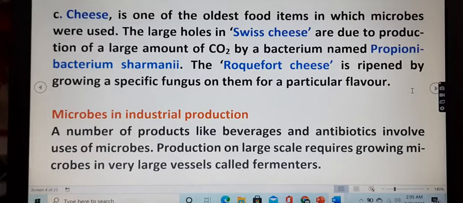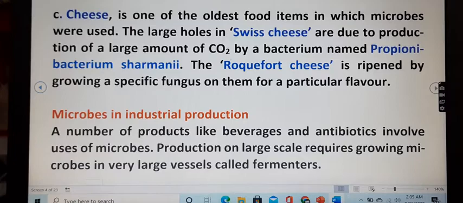For the production of substances using microbes, the food substances are fermented in large vessels, and these large vessels are called fermenters.